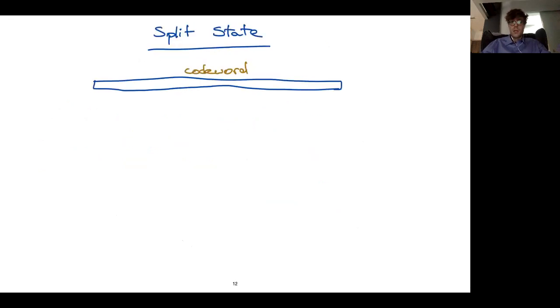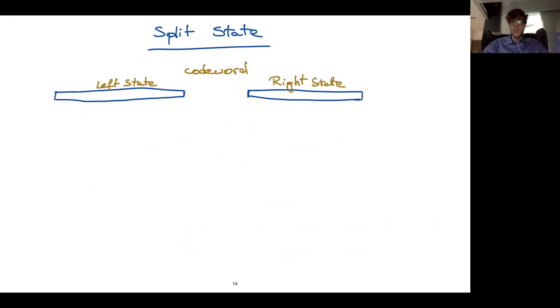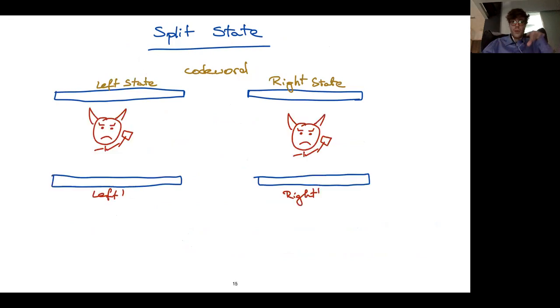What's split state? Well, we've got a code word. We cut it in half. That gives us left state and right state. Now, the adversary will tamper each state independently. What it means is that when the adversary is tampering with the left state, he does not see the right state, and the right adversary does not see the left state.